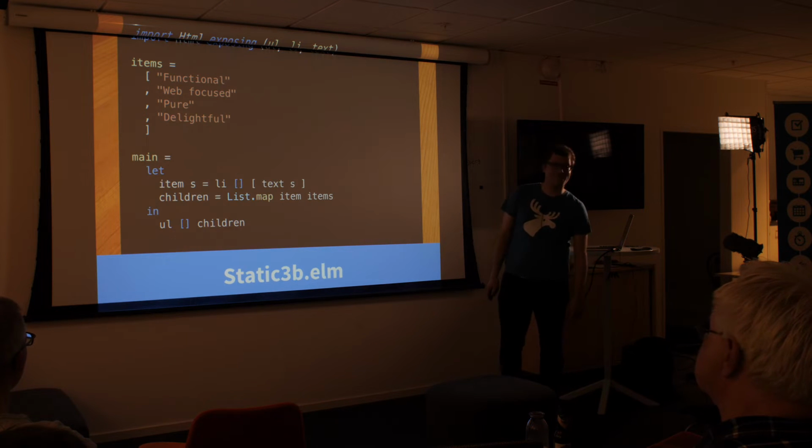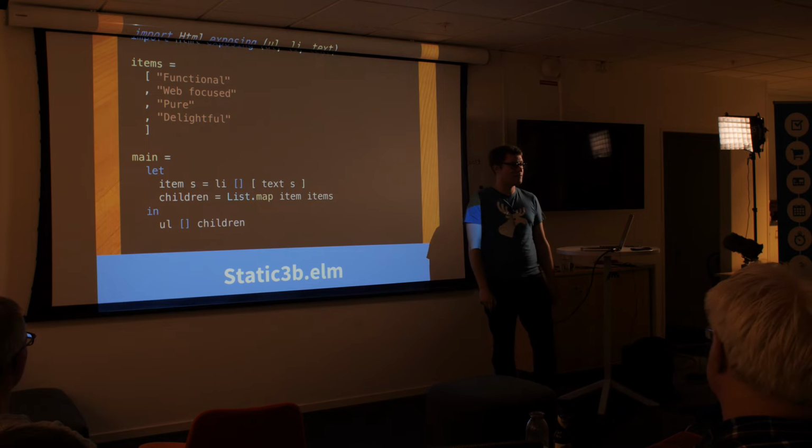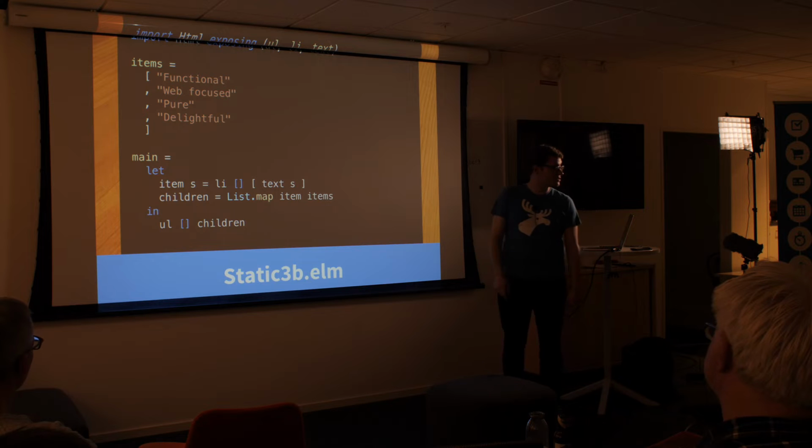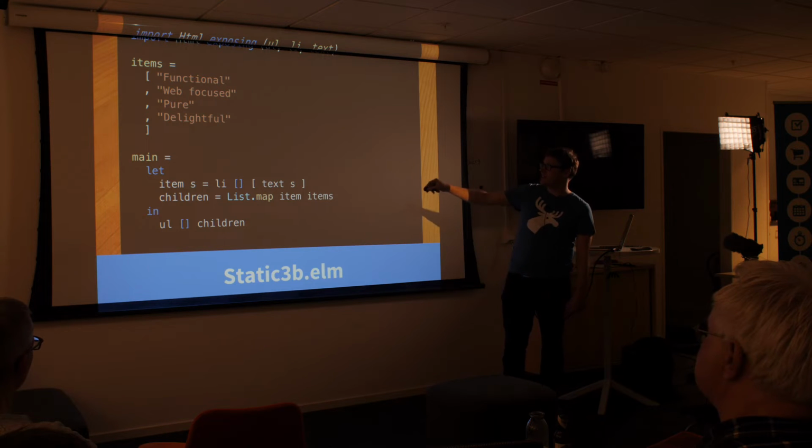So what you do is you define a local namespace for your function with a let keyword here, and you define labels here that can be used only within the scope of the function. So in this case, item and children are not accessible outside of the main function. Items, though, is defined on the global level, because maybe we want to use these items elsewhere in our code.